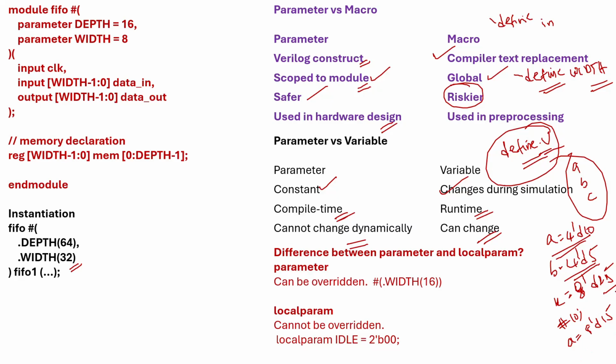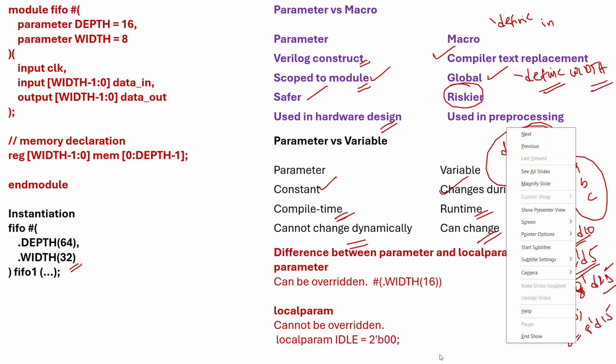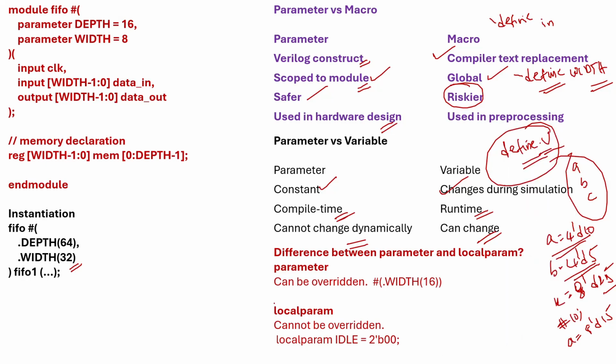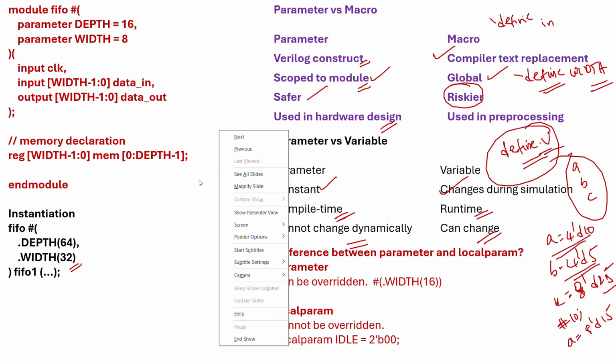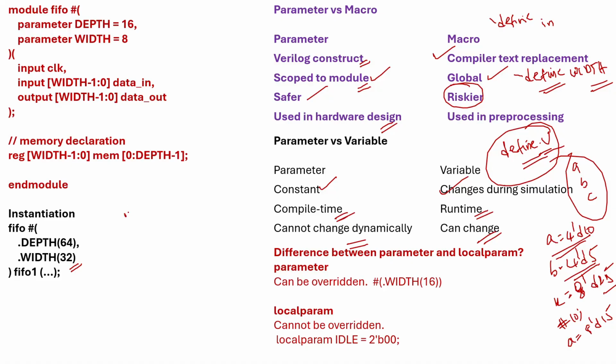A local parameter is one that you utilize in the same module only. Suppose you consider some module, FIFO. With the hash you can use width and depth, so these are global parameters.